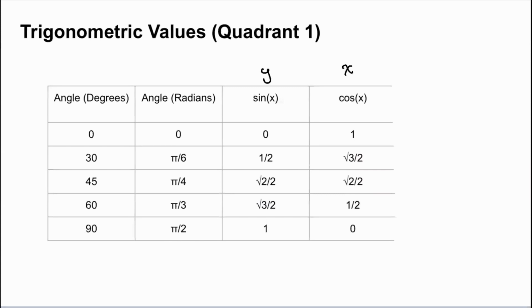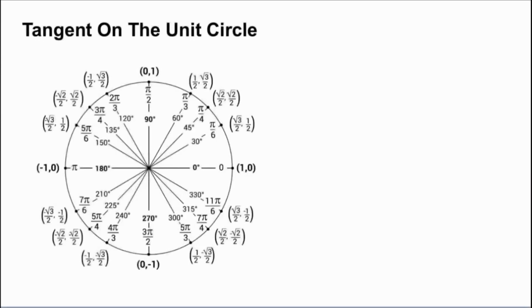So all of these angles have a coordinate point that corresponds to it. And from those coordinate points, we get sine of the angle and cosine of the angle. So now let's look at tangent on the unit circle. We need to remember that tangent of theta is equal to sine theta over cosine theta.